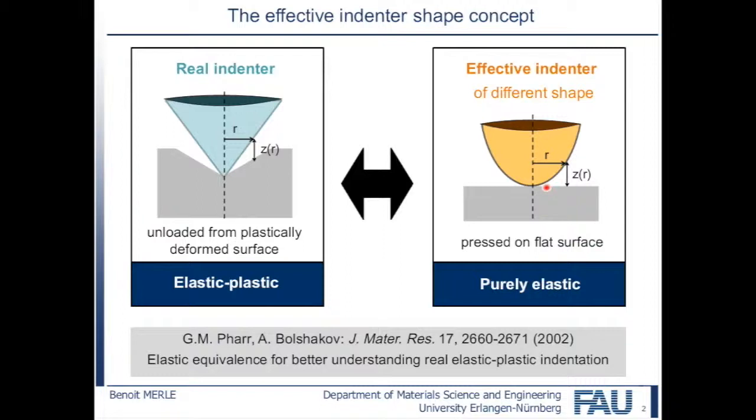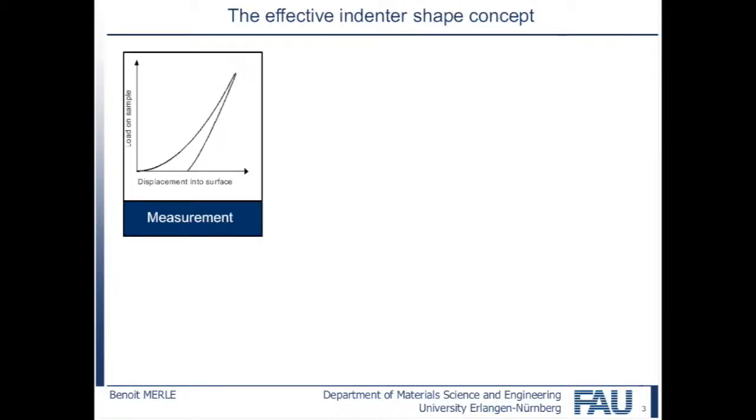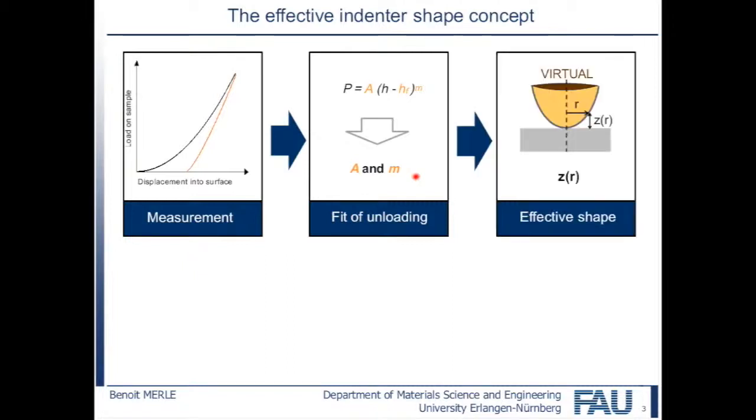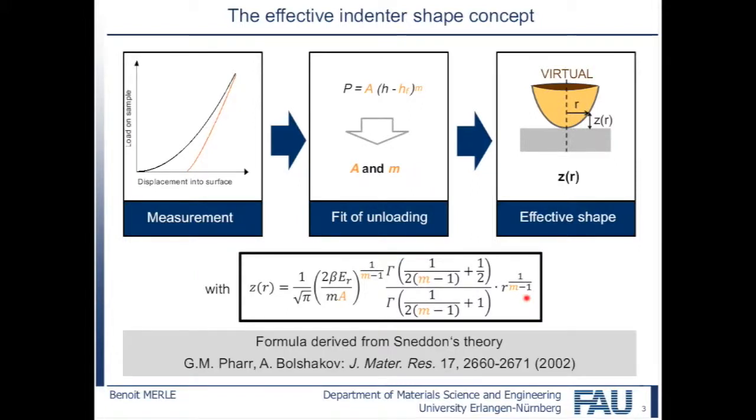The issue with the effective indenter concept is, of course, that its shape is at first unknown. So Oliver and Pharr proposed to start from the load displacement data acquired during an indentation to perform a fit of the unloading with a power law function, which gives access to both parameters A and m, which are the fitting parameters, and they actually describe the shape of the effective indenter according to the equation they provided in their paper, that you can see here.